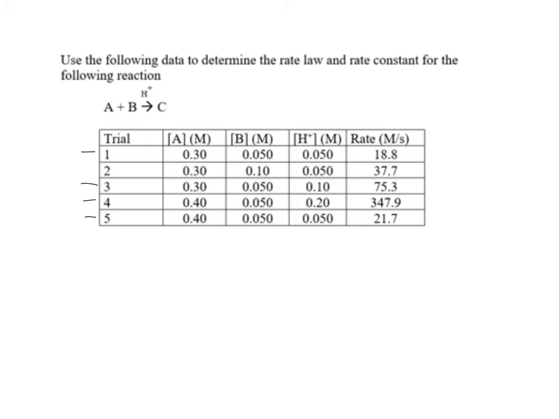And so what I decided I'm going to do, because this number sticks out as being really large and looks fun to use, so I'm going to go with trials 4 and 5 to find the order in H. Now note that the concentration of A is held constant, the concentration of B is held constant, and K is constant, so we could write that 347.9 over the 21.7, again leaving out the units, is equal to our concentration 0.20 over 0.050, and the order would be given the symbol Z.